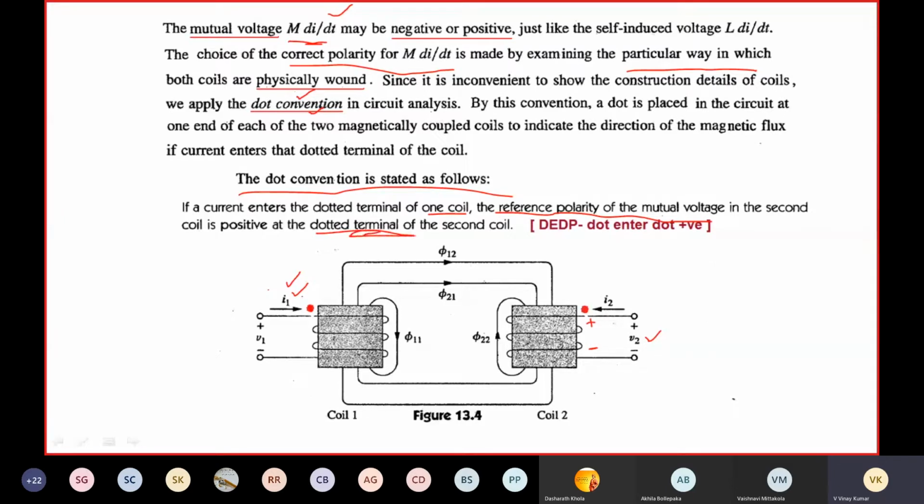Here I1 is entering the dotted terminal, right? The voltage induced across coil 2 because of I1 would be positive at the dotted terminal, and negative on the other side.